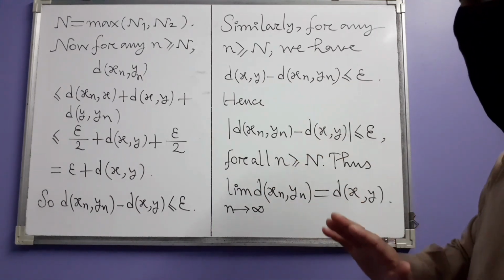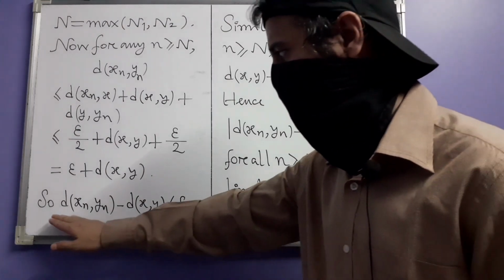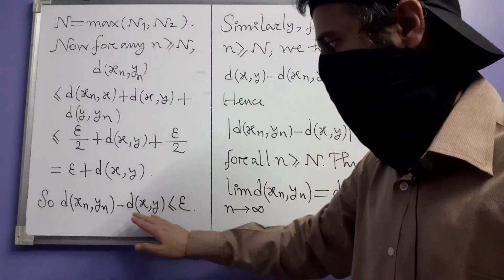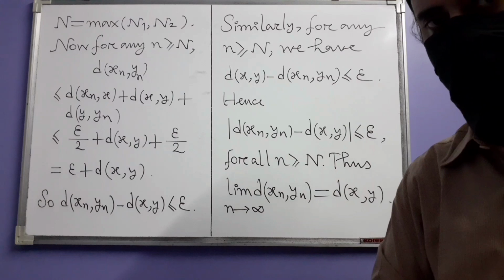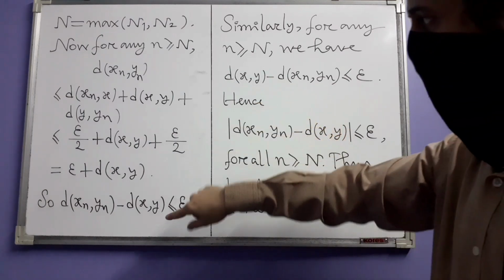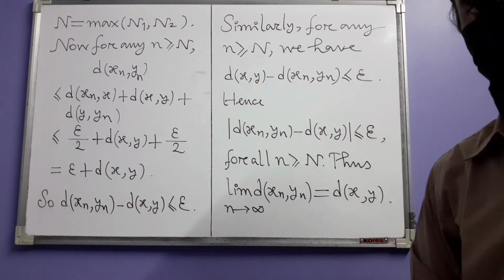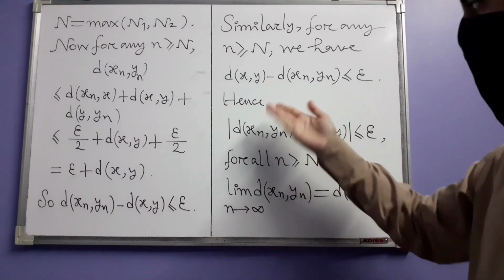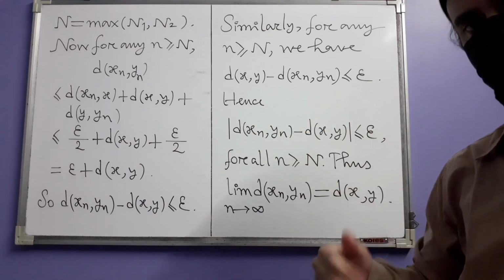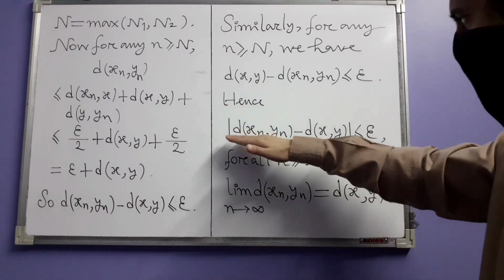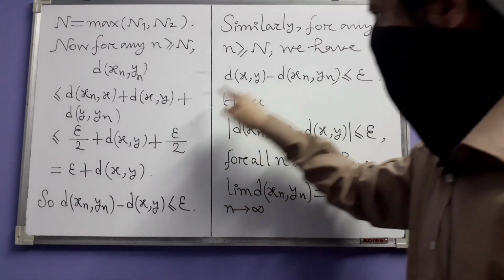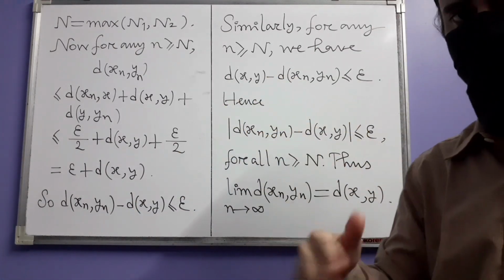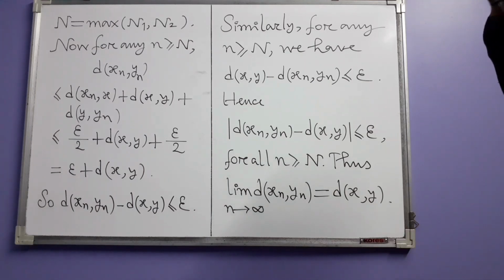So then what are we seeing here? We are seeing that d(xn, yn) minus d(x, y) is less than or equal to epsilon, and its negative is also less than or equal to epsilon. So obviously the absolute value of this difference is going to be less than or equal to epsilon, because the absolute value is either this or this, depending on which one is greater and which one is smaller. But then what are we getting here finally?